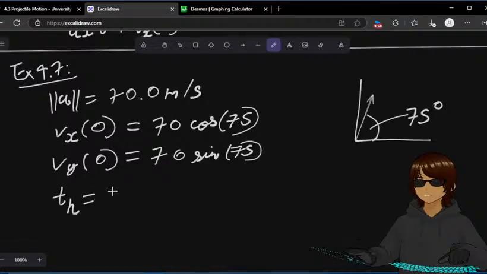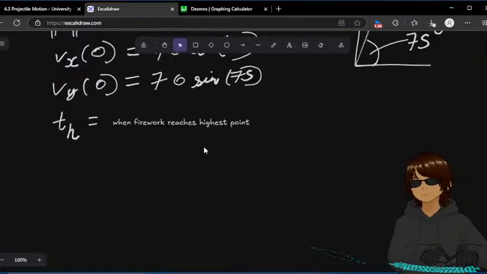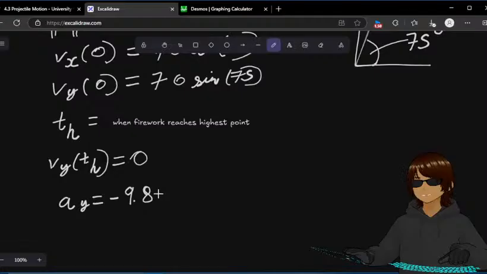At the highest point the firework reaches, the velocity in y is 0. Acceleration in the y direction is minus 9.81 meters per second squared.